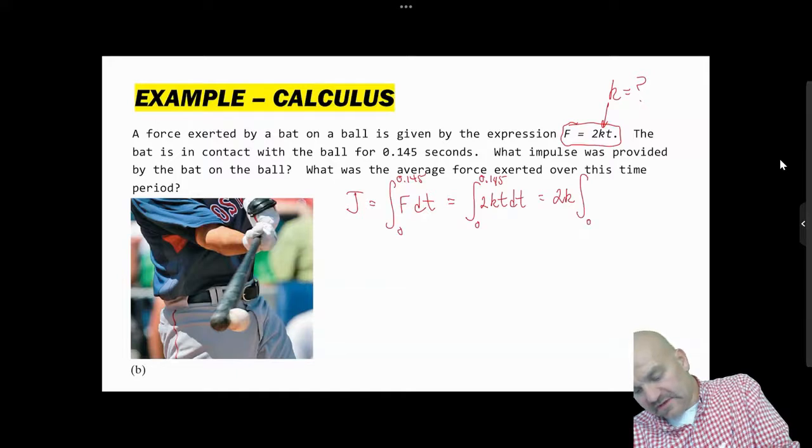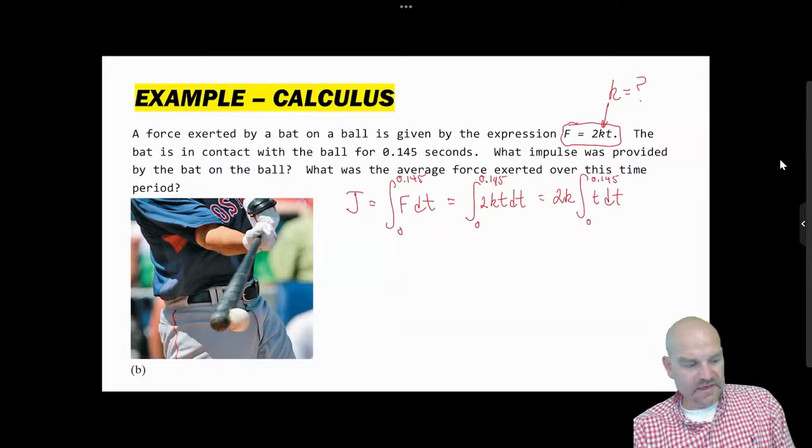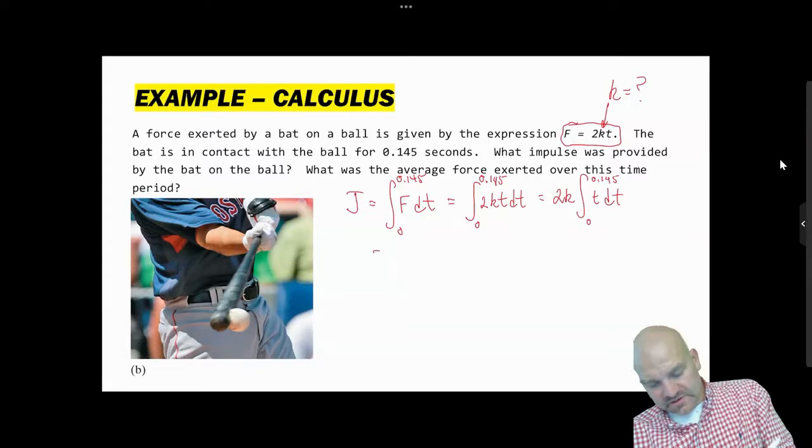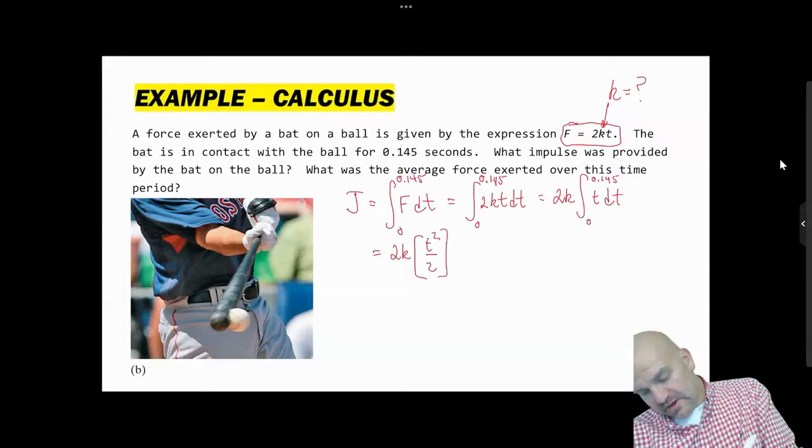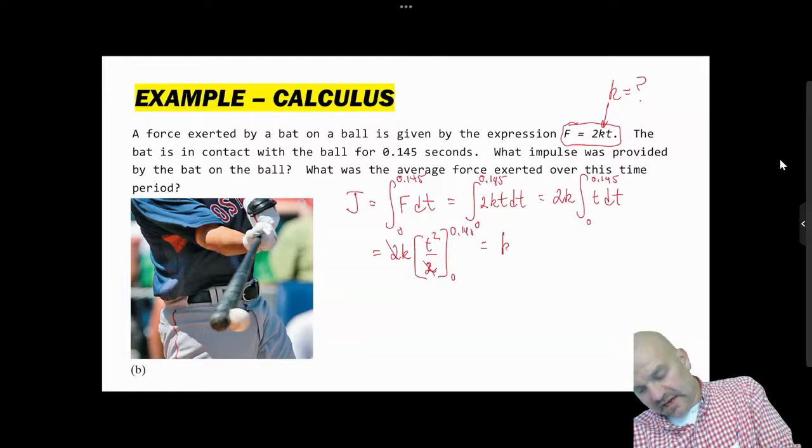Because 2 and k are constants, I'm going to pull them out. So it's simply the integral of t dt, which gives me 2k times t squared over 2, evaluated from 0 to 0.145. That 2 cancels that 2, so it's kt squared evaluated from 0 to 0.145.